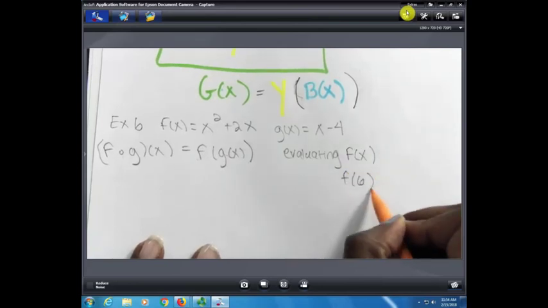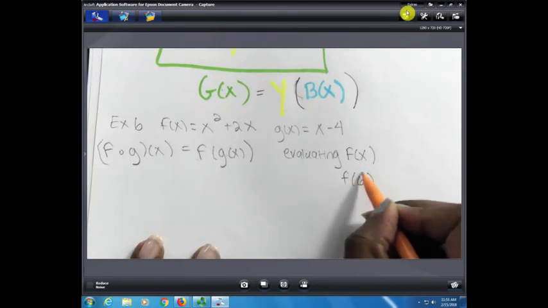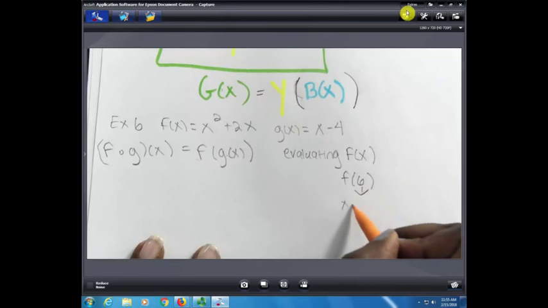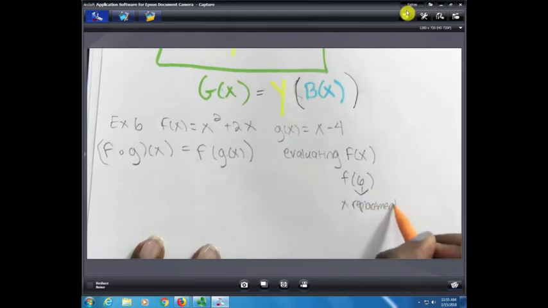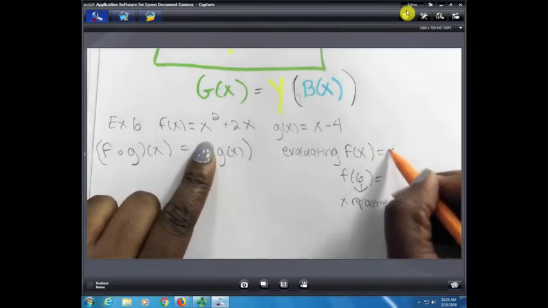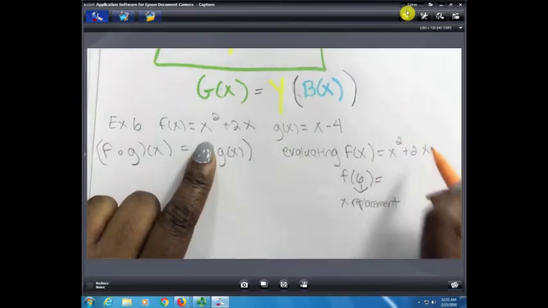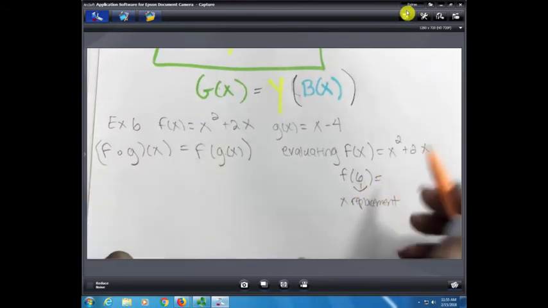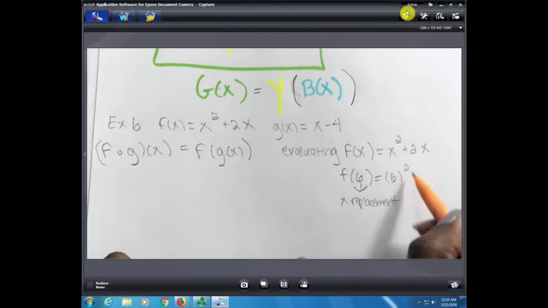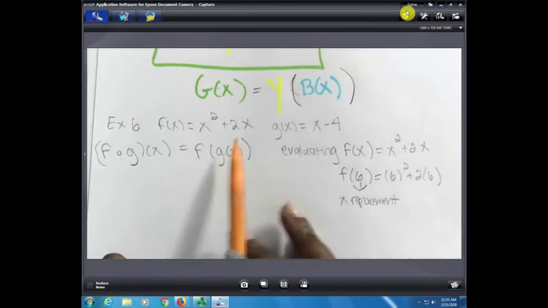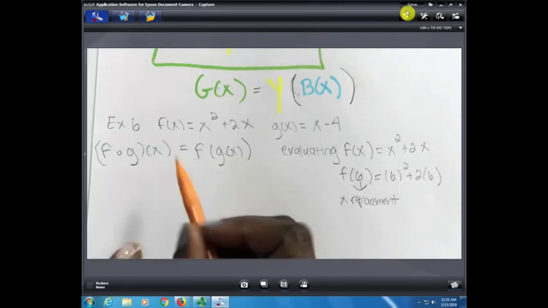If I wanted to evaluate this f function at 6, this 6 is an x replacement, meaning that I'll take my f function, and everywhere I have an x, I'm replacing it with 6. This kind of works the same way.